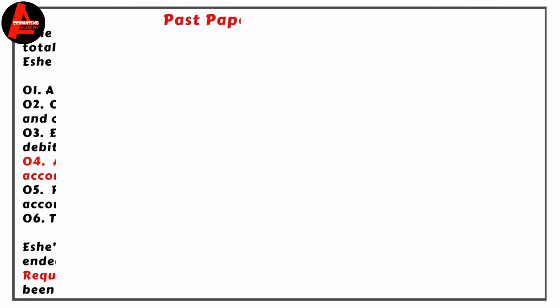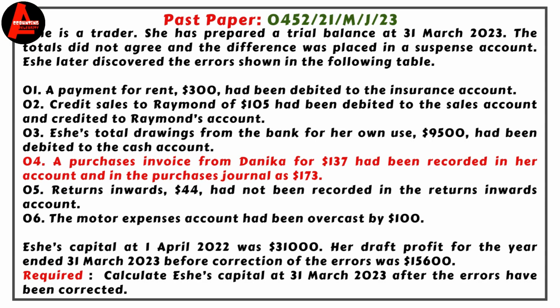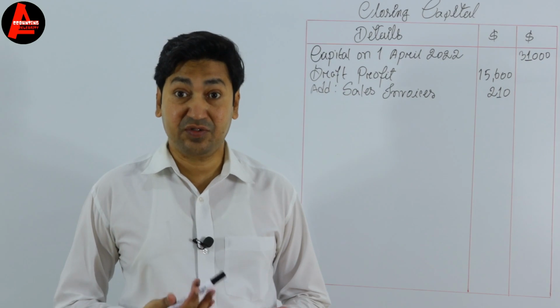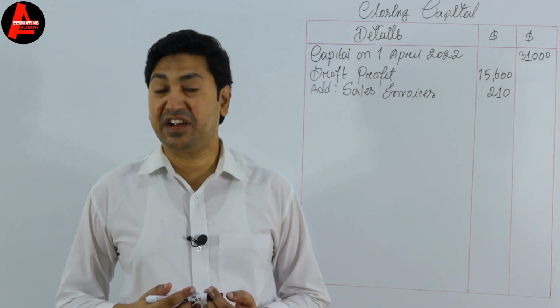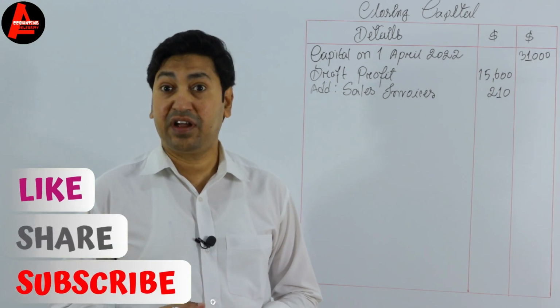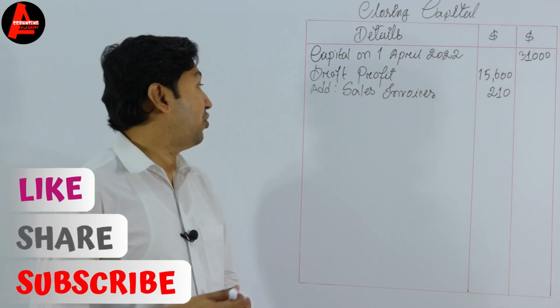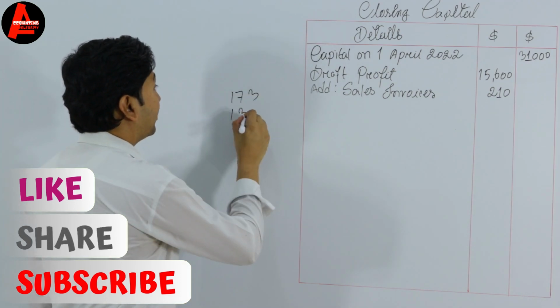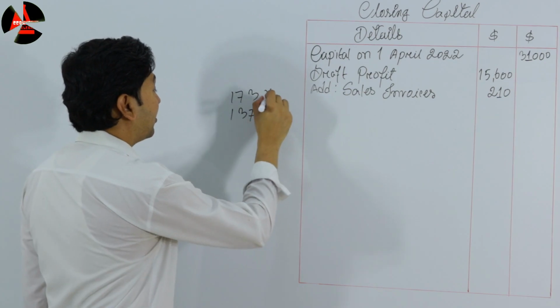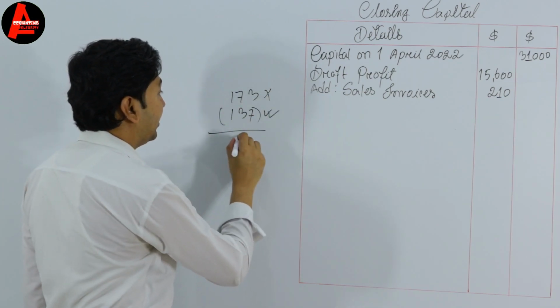Great. Purchases invoice from Danica for $137 had been recorded in her account and purchases journal as $173. So here the expense is overcast, right? It should be 137, but mistakenly it is written as 173. So 173 minus 137. This is the correct amount and this is the wrong amount. If we subtract, we see 36.